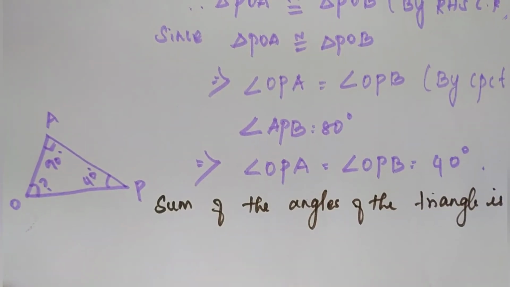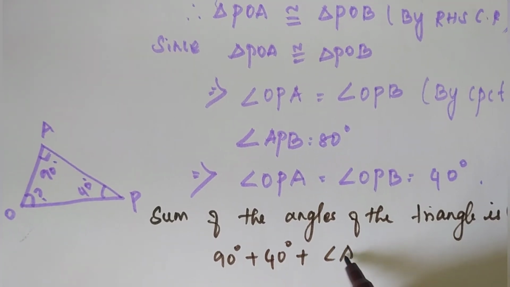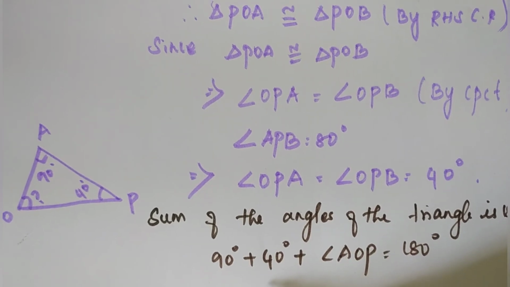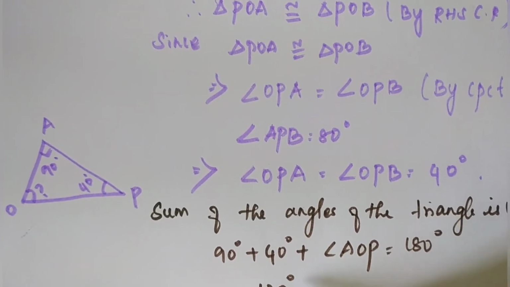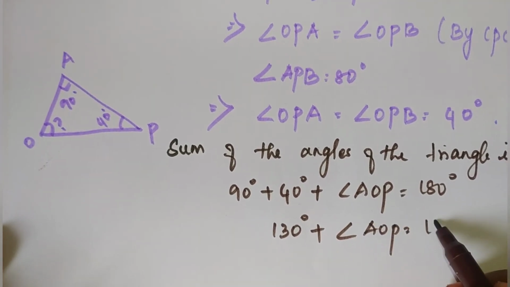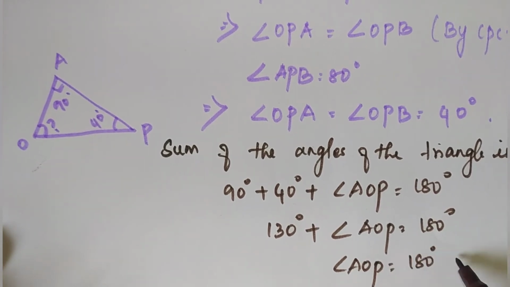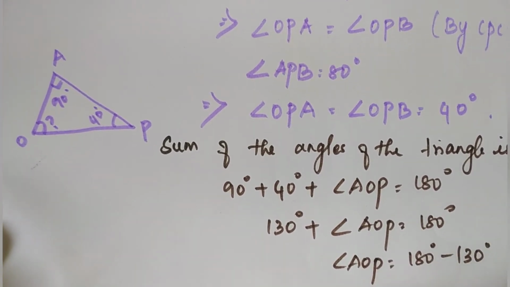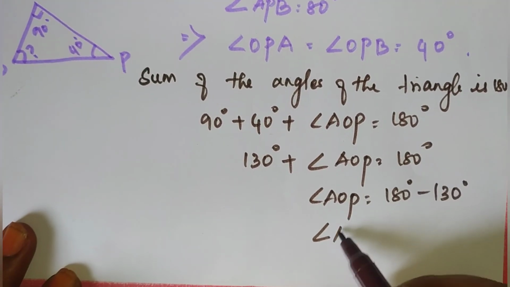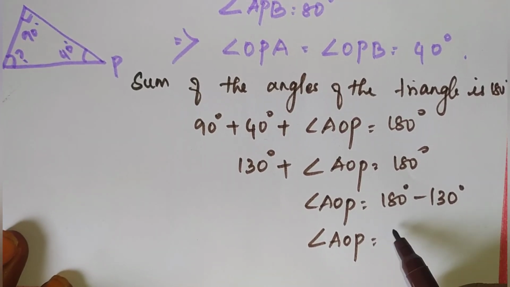So 90 plus 40 plus angle AOP is equal to 180 degrees. 90 plus 40 is what? 130. Angle AOP is equal to 180 degrees minus 130 degrees. If you subtract, what will you get? 50 degrees.